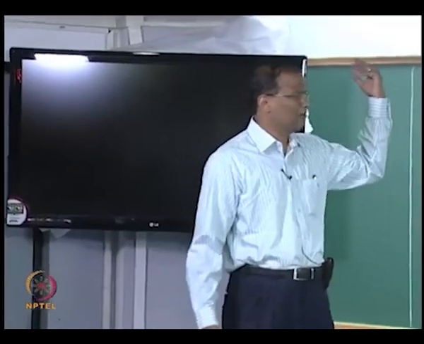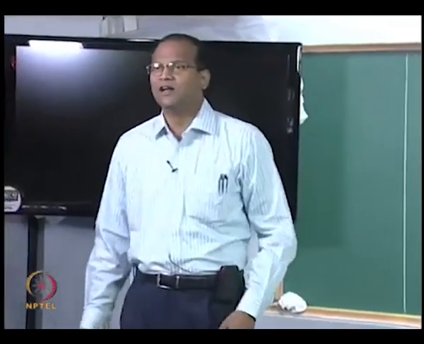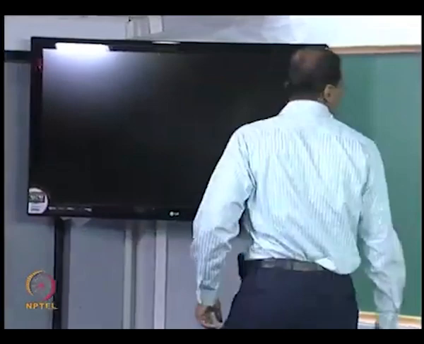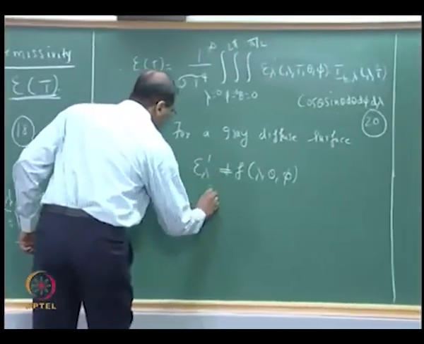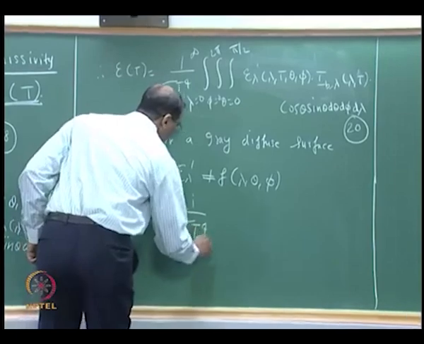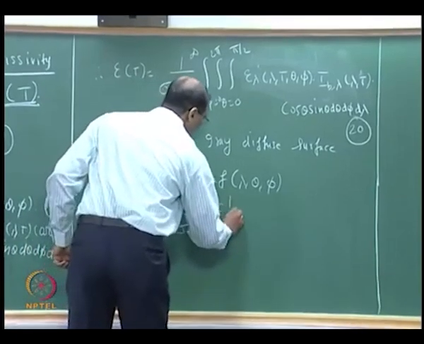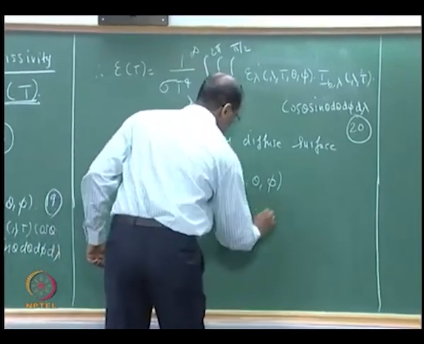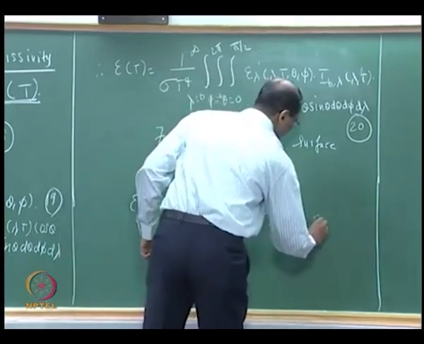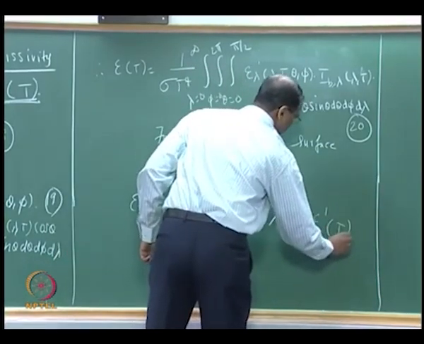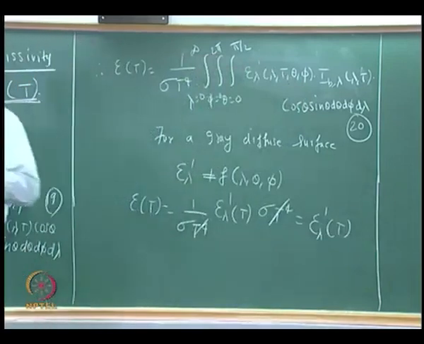If you pull out the epsilon lambda dash and accomplish the triple integral, you will get sigma T to the power of 4. Therefore, for a gray diffuse surface, if somebody gives you the spectral directional emissivity, that is the hemispherical total emissivity for a gray diffuse surface.